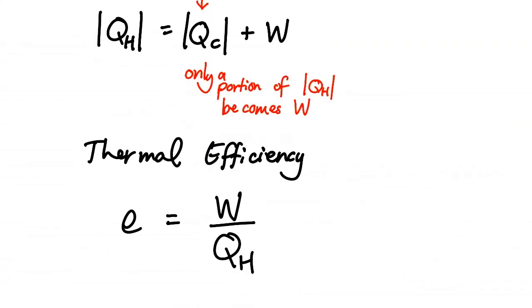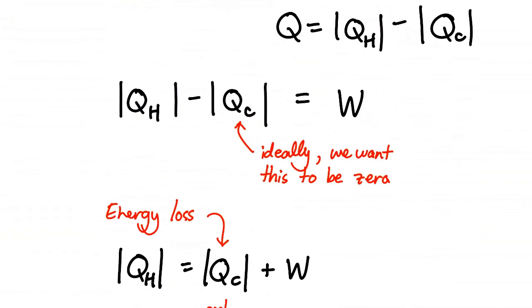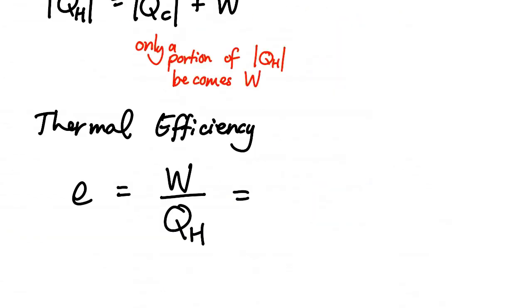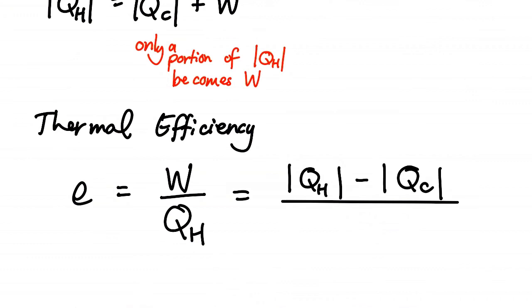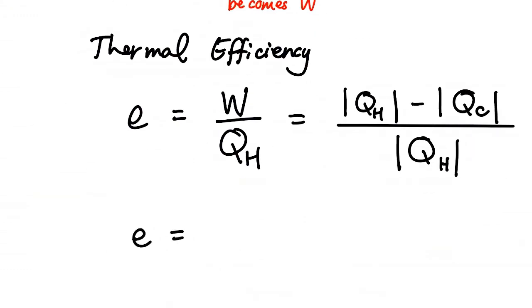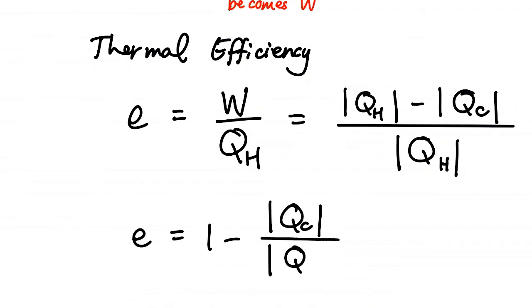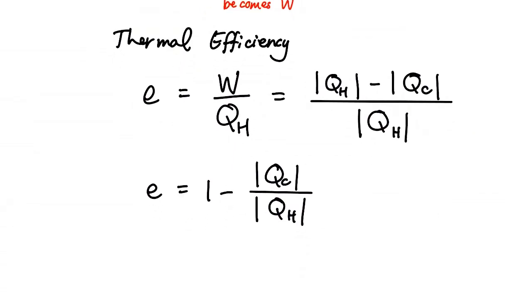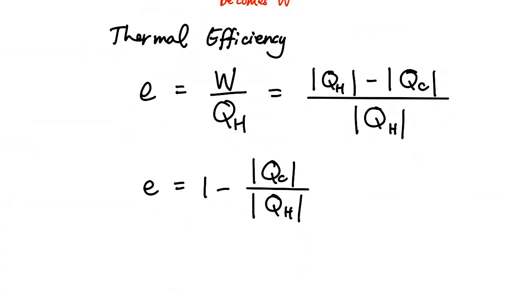Now, since we've said that this work done is equal to this difference here, pwede natin siya ilagay doon, that we can get another equation for thermal efficiency. Or we can write that as 1 minus the absolute value of Q sub C over the absolute value of Q sub H. So these are some ways of calculating yung thermal efficiency ng given engine.